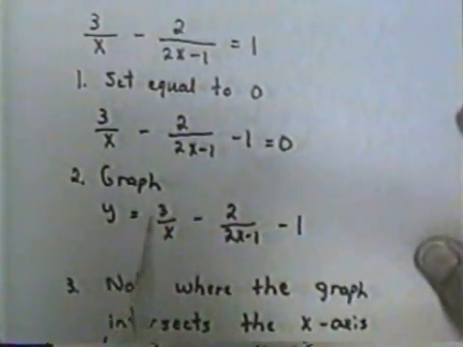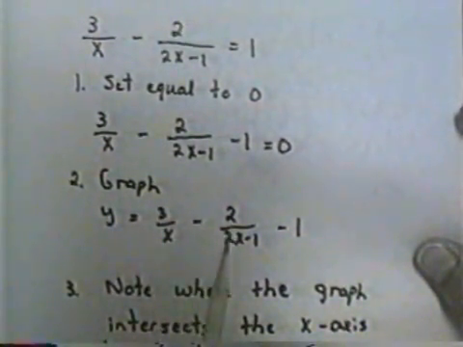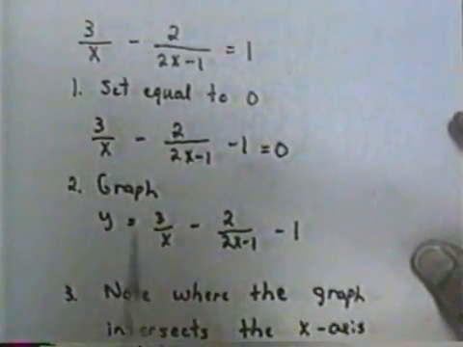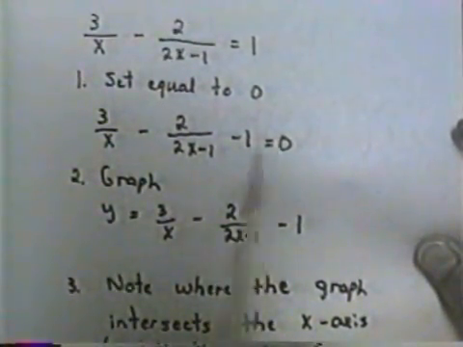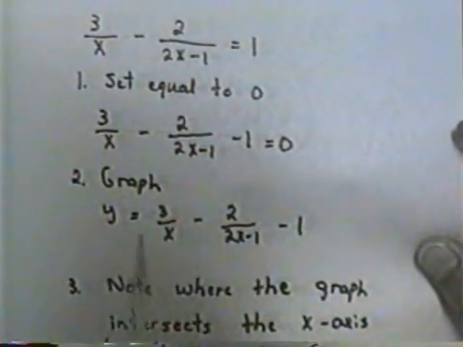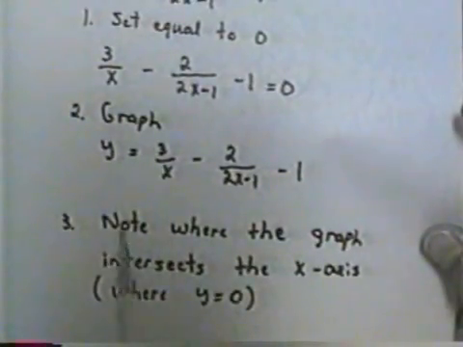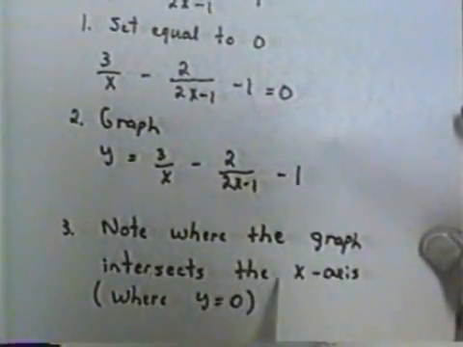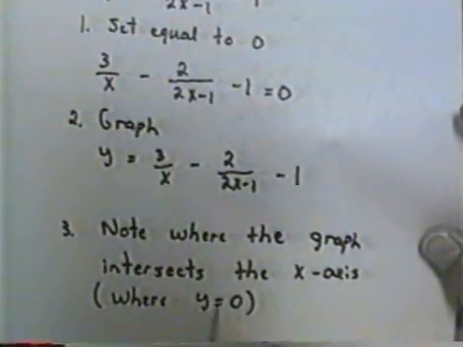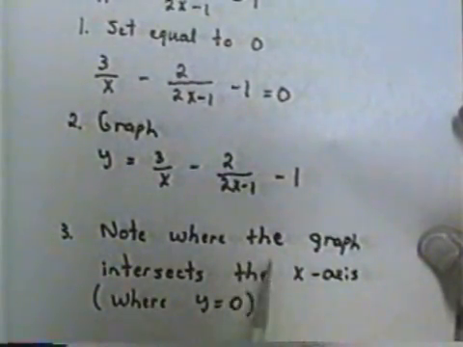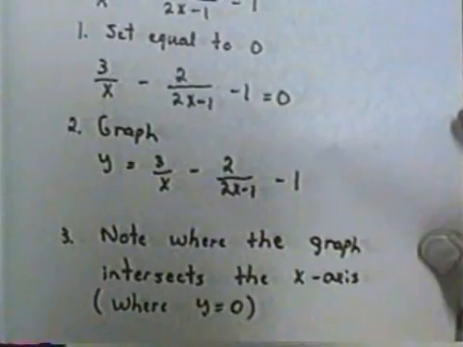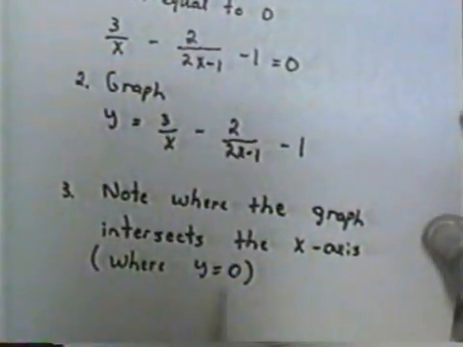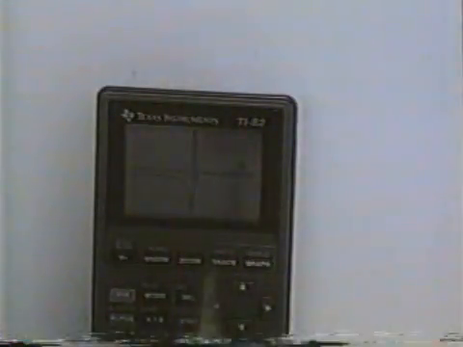So when I graph y is equal to 3 over x minus 2 over 2x minus 1 minus 1, what I'm looking for is, where is y 0? Well, y is 0 at the x-intercepts. So note where the graph intersects the x-axis, y is 0.